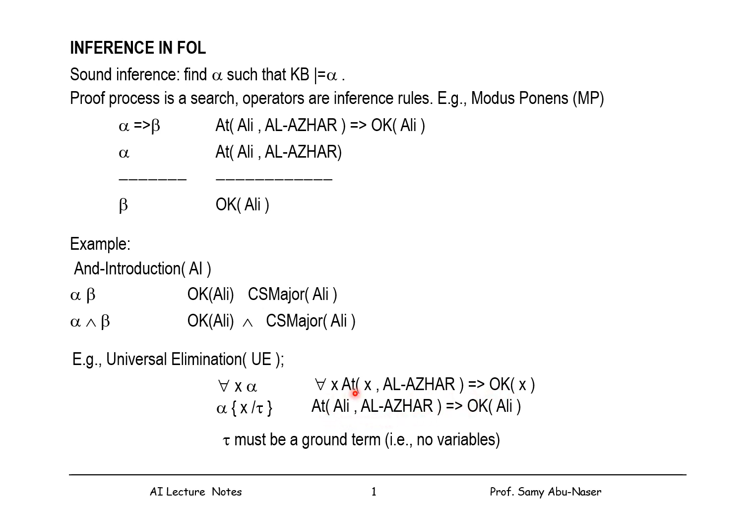Now if we replace x with any constant like tau, we can use Ali. The sentence becomes: if Ali at Al-Azhar, then Ali is okay. So we don't need for all x. We replace every x with Ali, so no need to write for all. Tau must be a ground term, i.e. no variables, it must be a constant.